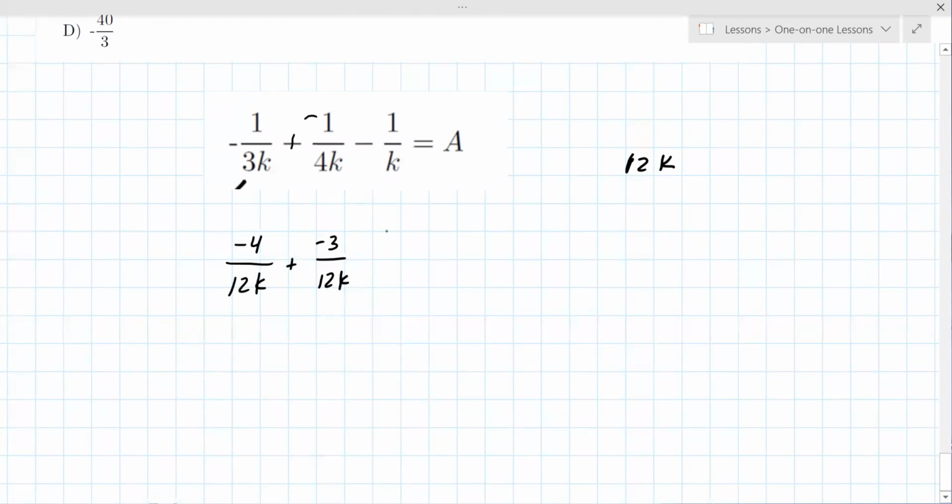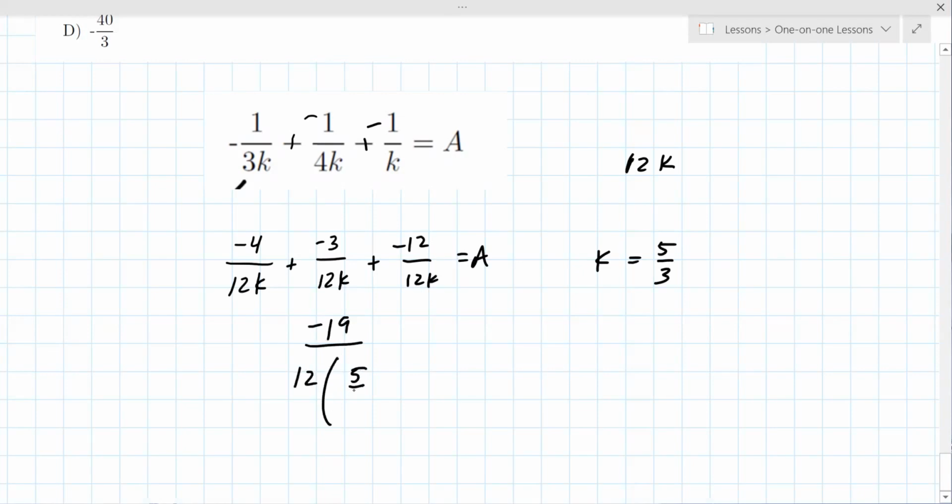And this one you have to multiply the top and bottom by 12, so it becomes minus 12 over 12k equals a. And our k value is 5/3 as a reminder. So this rewrites into minus 19 over 12k, but instead of writing k, what if we just substitute that in here to save some time?